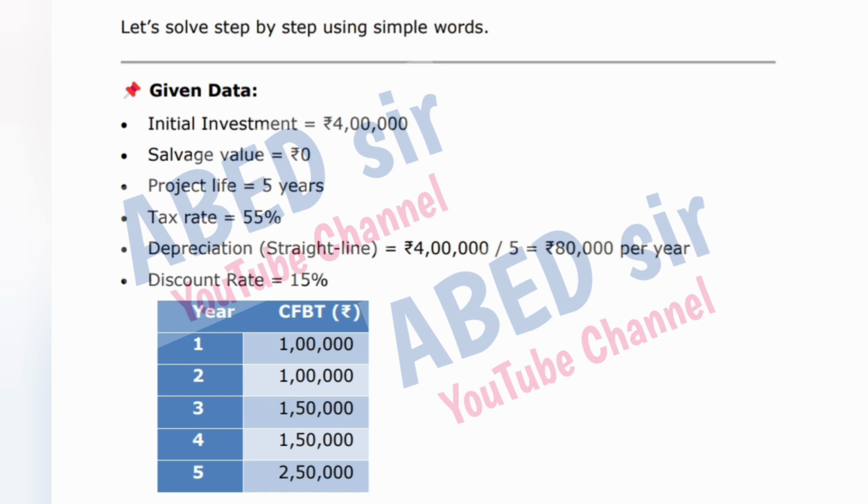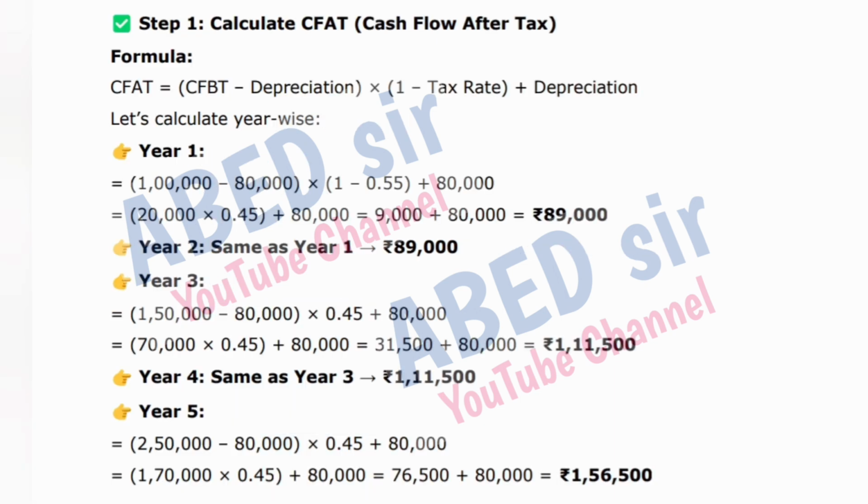Year 1: 1 lakh. Year 2: 1 lakh. Year 3: 1 lakh 50,000. Year 4: 1 lakh 50,000. Year 5: 2 lakhs 50,000. Step 1. Calculate CFAT, cash flow after tax. Formula: CFAT is equal to (CFBT minus depreciation) times (1 minus tax rate) plus depreciation.